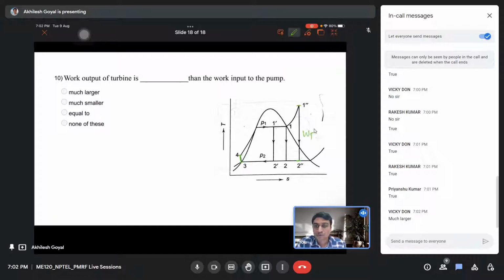So here work output of turbine is much higher than the work input to the pump, so option A is correct. Sometimes we even neglect the pump work to calculate the efficiency, as we saw in the initial few slides. So Vicky and Rakesh, your answers are correct.